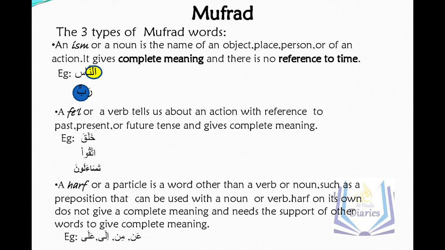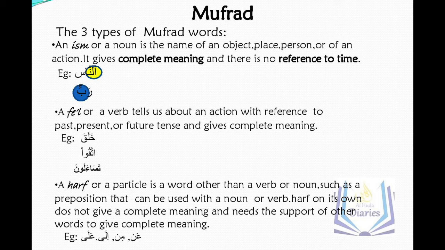For an example, khalaqa, he created. Ittaqu, you all fear, which is a command here. Tasa'aloon, you all ask. So we see that in the examples that we just saw for fi'l, there is no tanween and there is no alif lam.